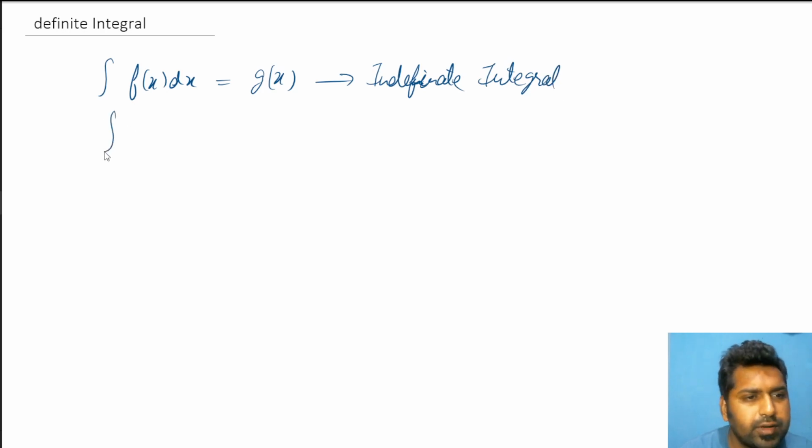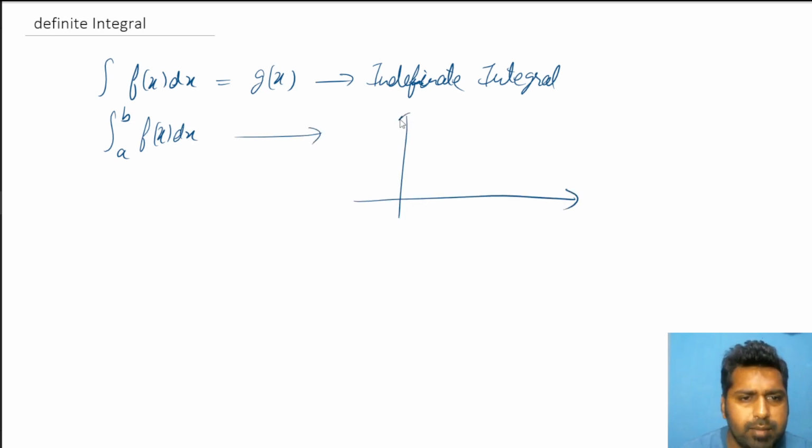But if you integrate a function f(x) and you get a limit assigned to it from a to b, what is the meaning of that? The physical meaning comes in the application of integration, but let's understand the basics here too.